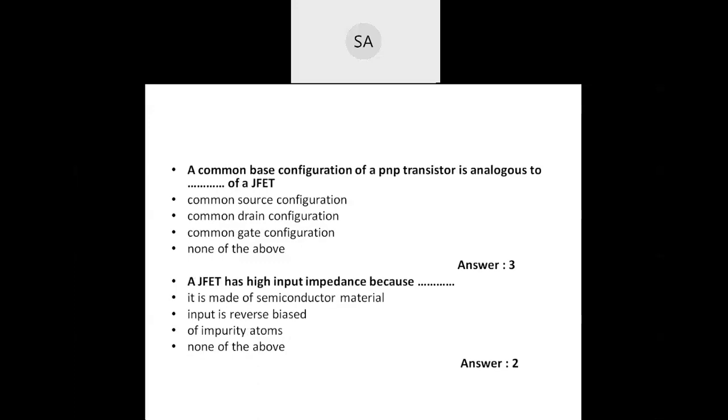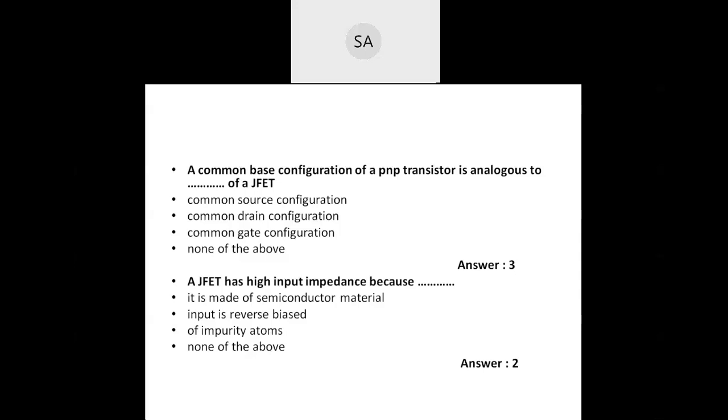A common base configuration of a PNP transistor is analogous to dash of a JFET. Common source configuration, common drain, common gate, or none of the above. We already discussed this in the introduction of the JFET.